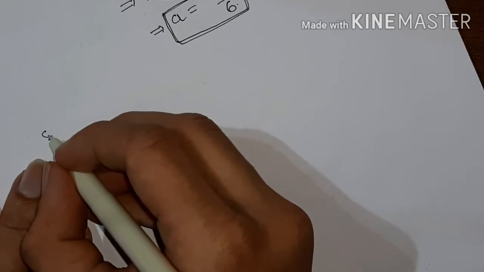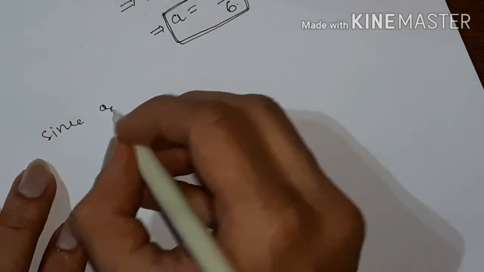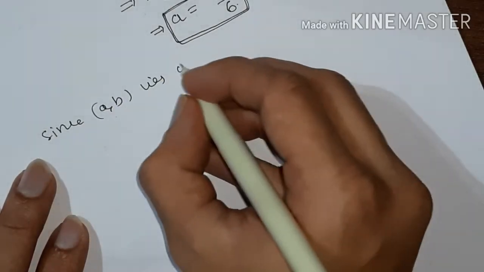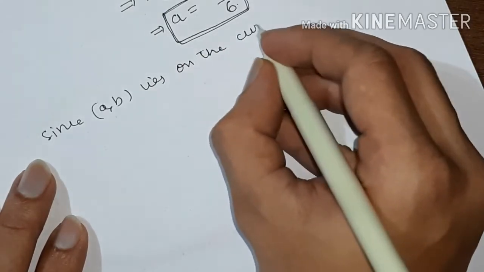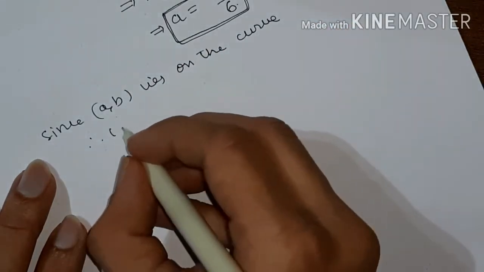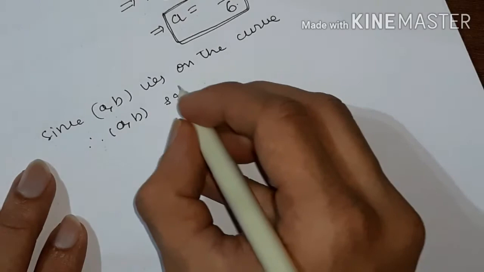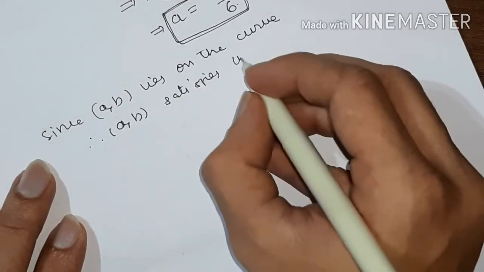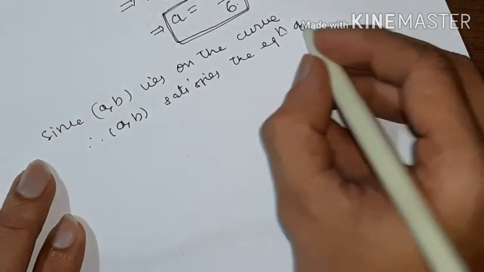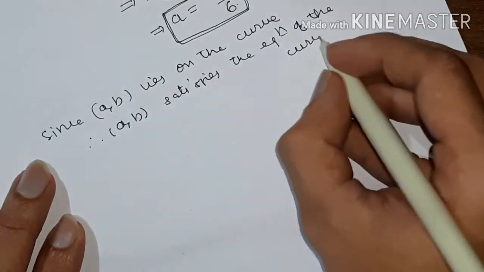Since (a, b) lies on the curve, (a, b) satisfies the equation of the curve.